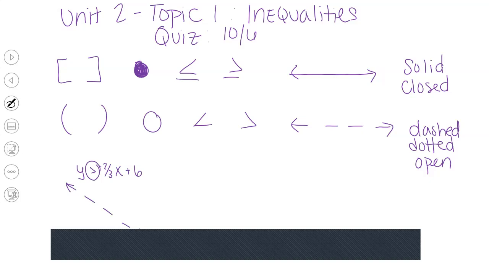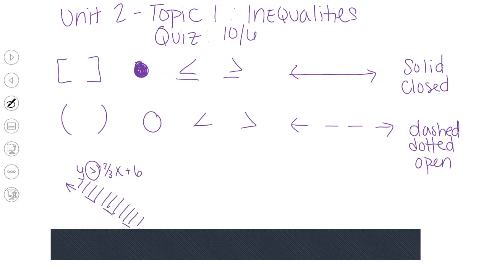Y is what? Greater than. So if I put my pencil on my line, if I need a y that is greater than this line, am I going to go to the top or to the bottom? I'm going to go to the top. So I'm going to shade everything on the top.